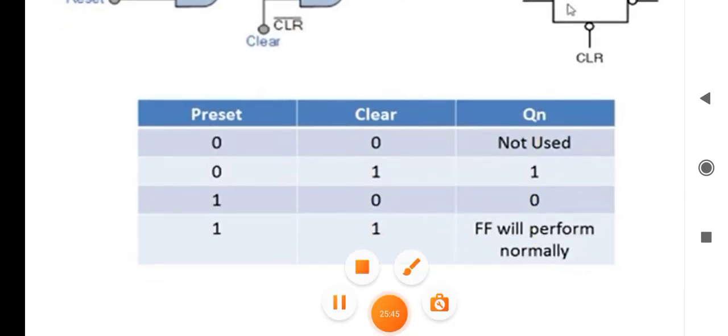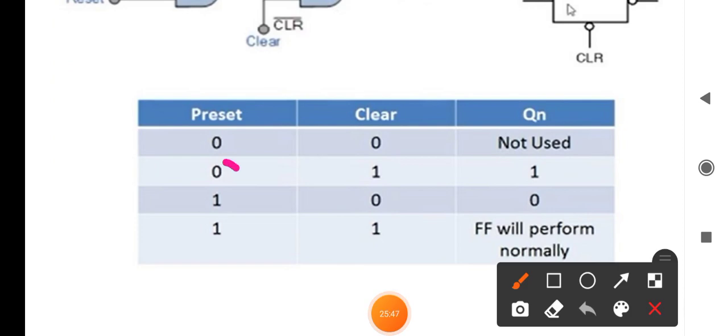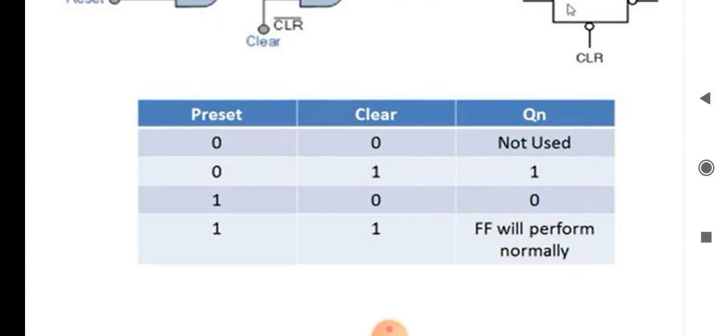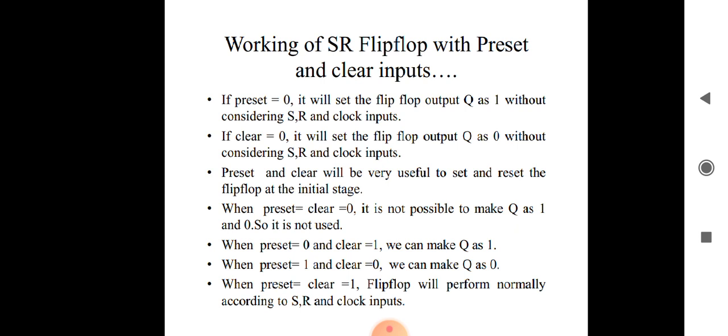See here, if preset is equal to 0, Qn is always 1. If preset is always 1, Qn will always be 0. So if clear is equal to 0, it will send the flip-flop output Q as 0 without considering SR and clock inputs.